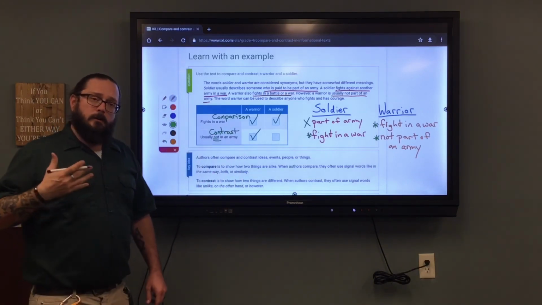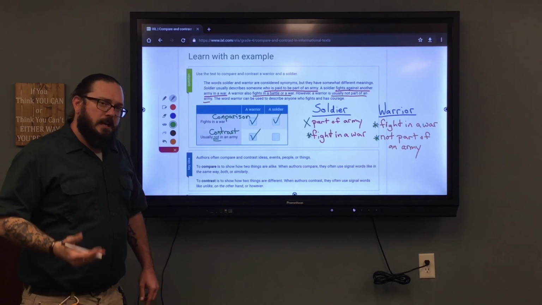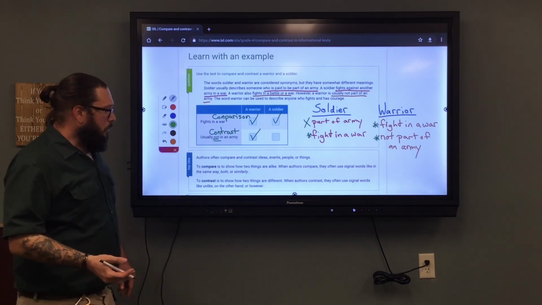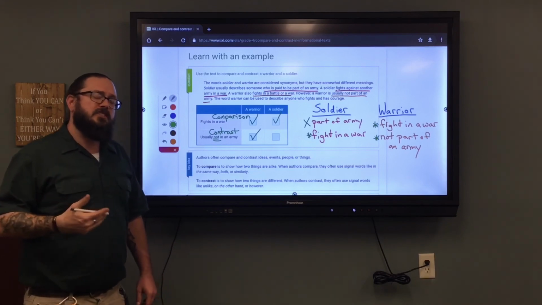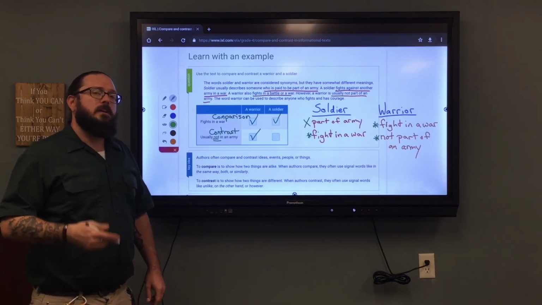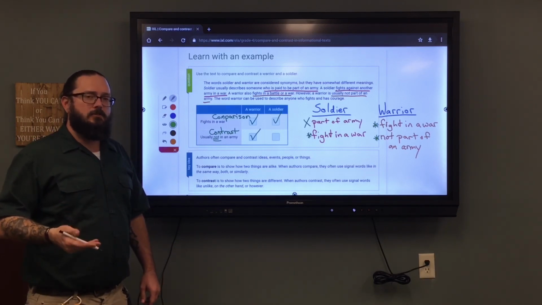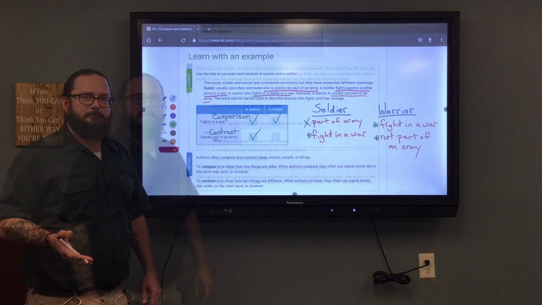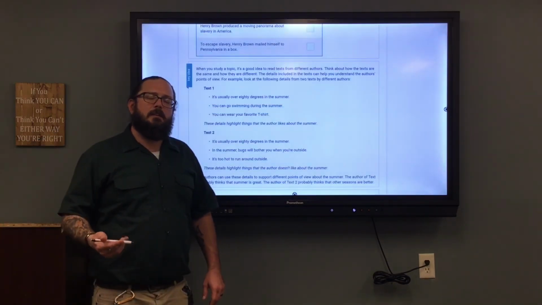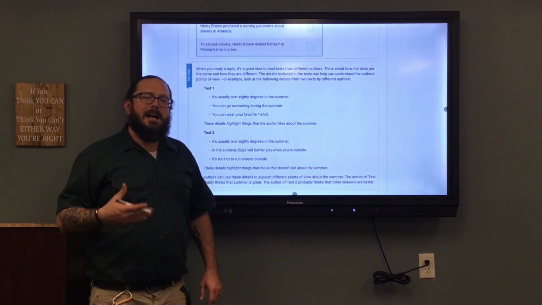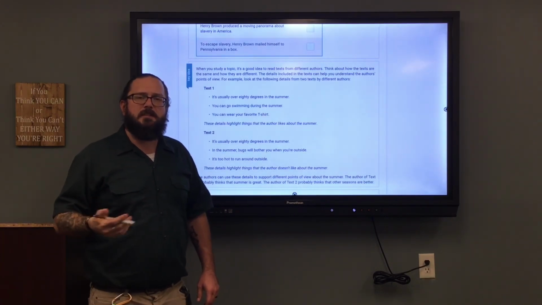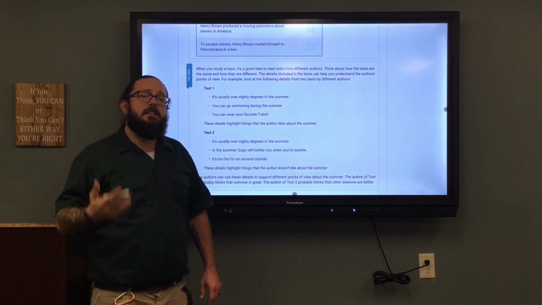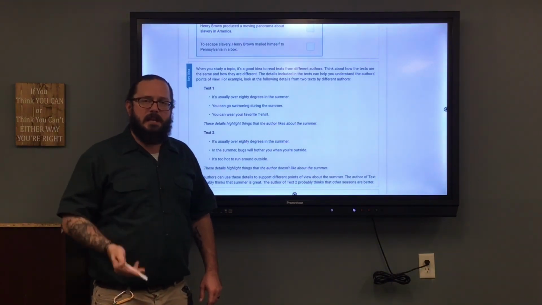So both warriors and soldiers are alike in that they fight in wars. However, they are different in that a warrior is not part of an army, but a soldier is usually part of an army. In our last example, we learned how to identify those comparison and contrast relationships that are presented by the author within a single text.